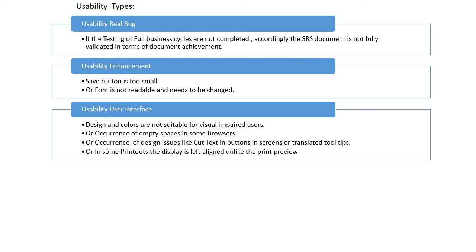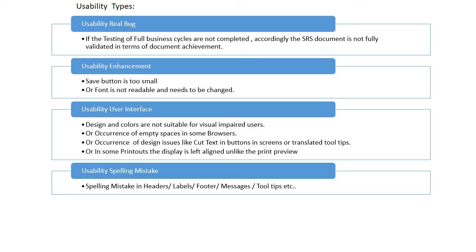Other example, in some printouts, the display is left aligned unlike the print preview. The fourth type of usability bugs is spelling mistakes, and this is simple. Search for spelling mistakes in headers, labels, footers, messages, tooltips, etc.